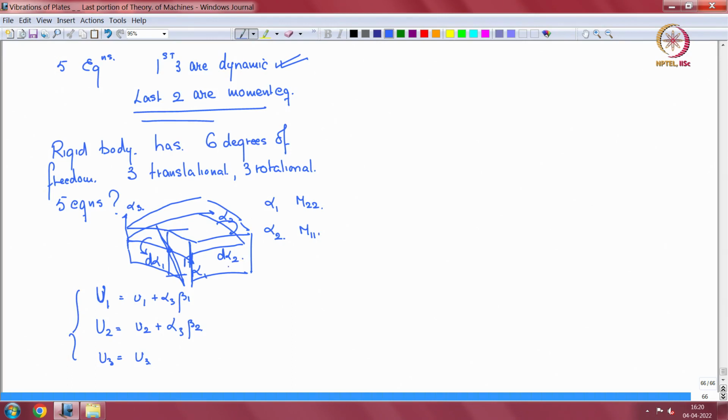if we balance rotation, now about the alpha 3 direction, okay, because this is a differential element, we will only get an equilibrium equation.